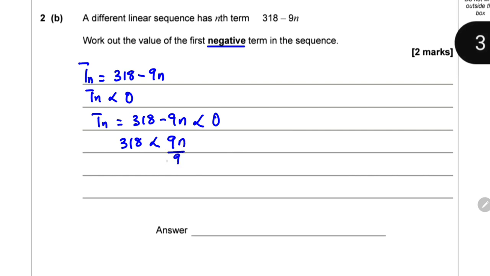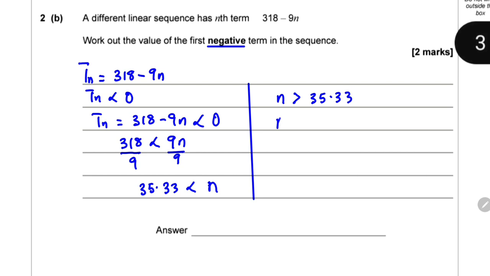So we divide both sides by 9, and we are going to have that 35.33 is less than n. So this means that n must be greater than 35.33.